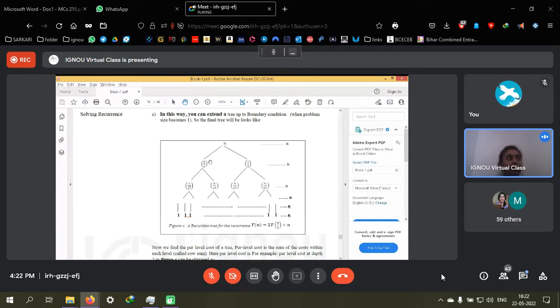Why? n divided by 2 plus n divided by 2, that is 2n divided by 2. Cut 2 with 2, you will get n. Again, if you add all the 4 children, you will get the value n. And so on. In the last level, there is n divided by 2 to the k, and at that place, you will get the value 1. Right? So the last level is always 1, 1, 1, 1.